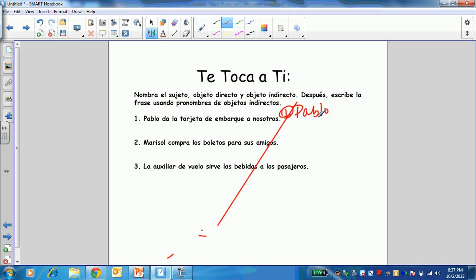El objeto directo, what is being given? La tarjeta de embarque. Now, who is the boarding card being given to? Nosotros.